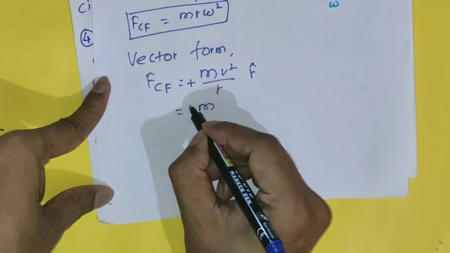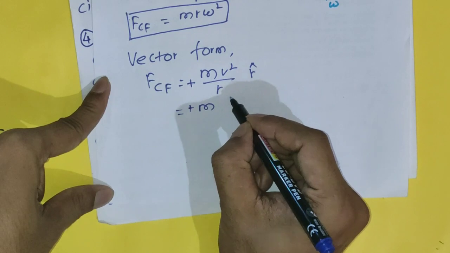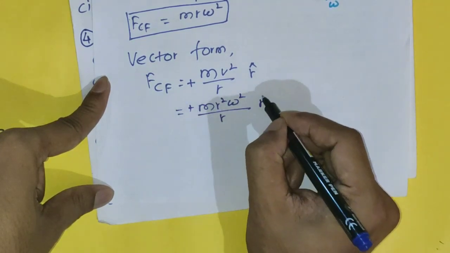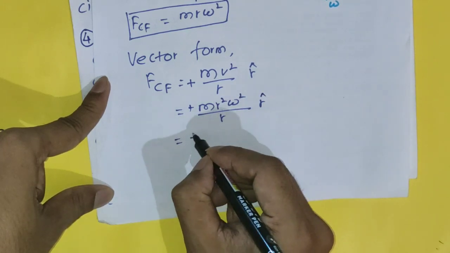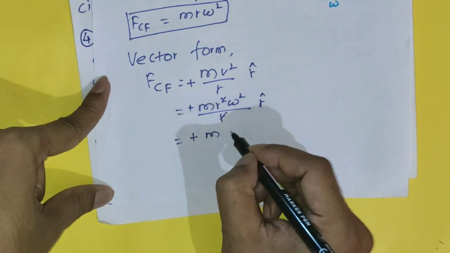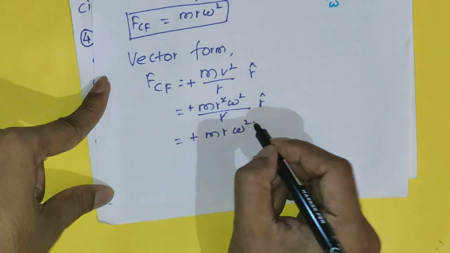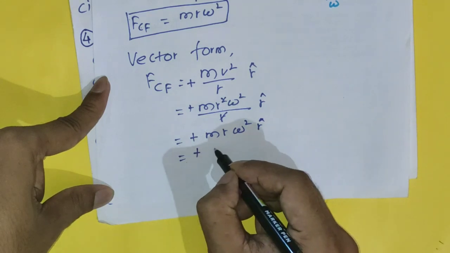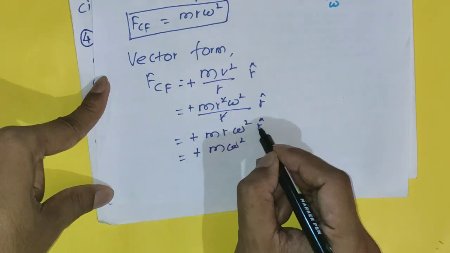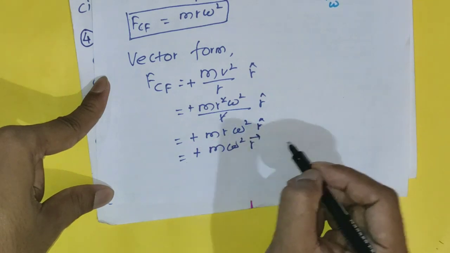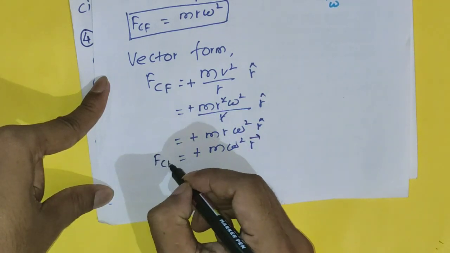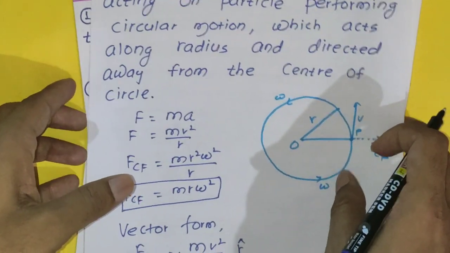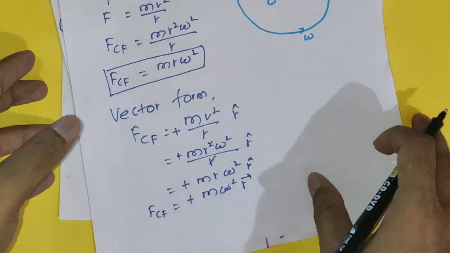Putting the value of v, that is r omega, square divided by r into r cap, then m, this r will get cancelled: m r omega square into r cap, plus m omega square r into r cap, which will be the radius vector. Okay, so this is our equation for centrifugal force.